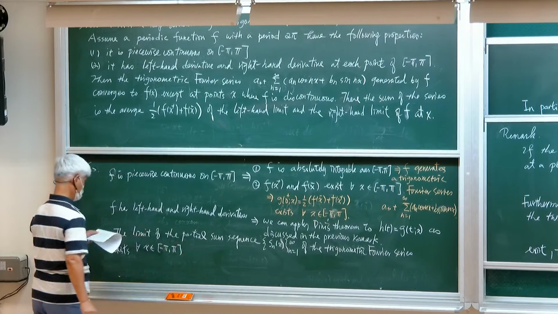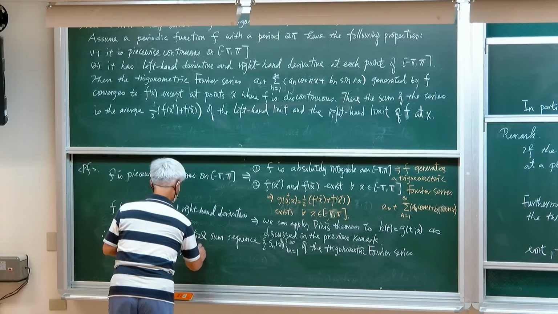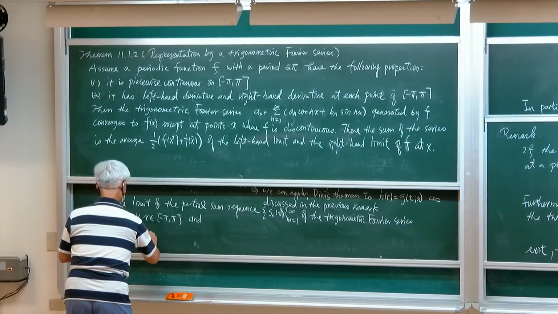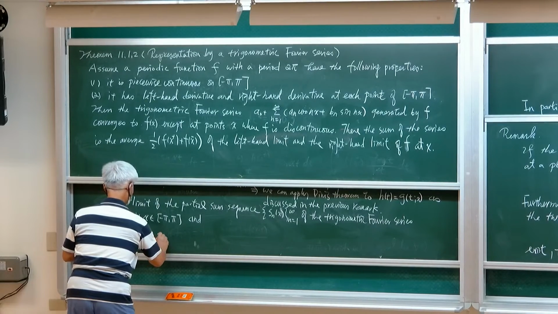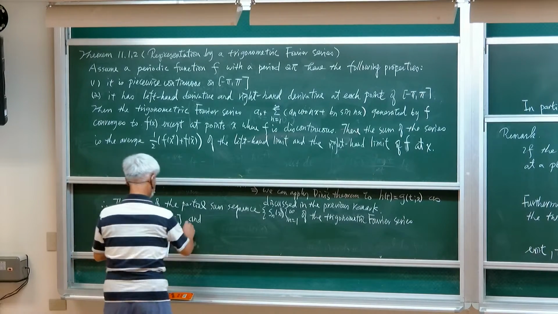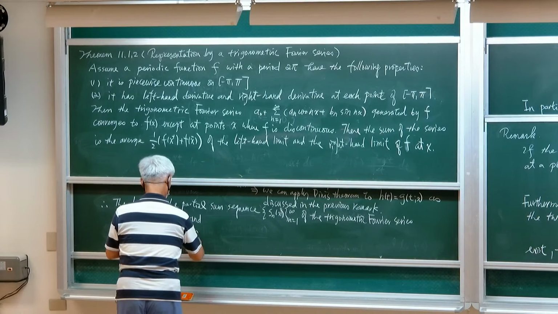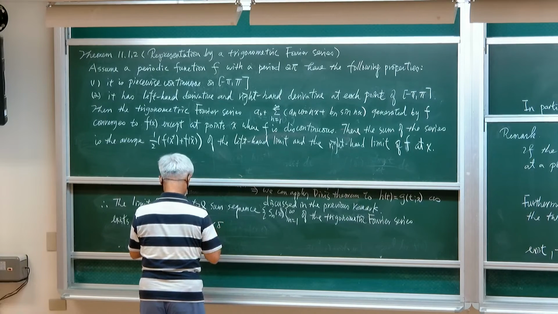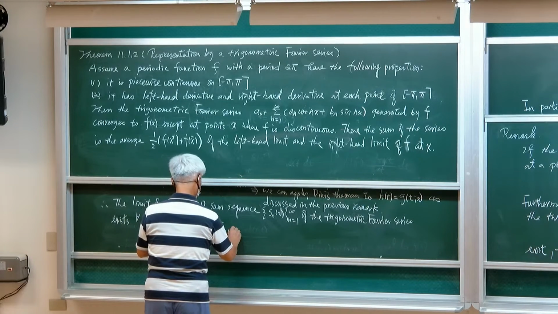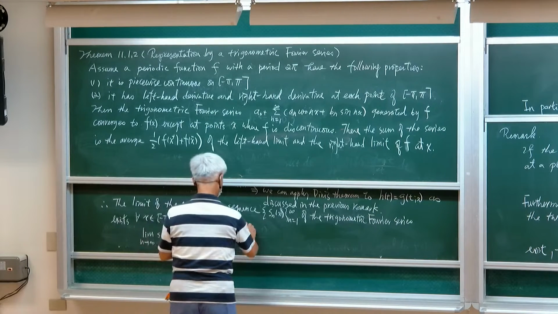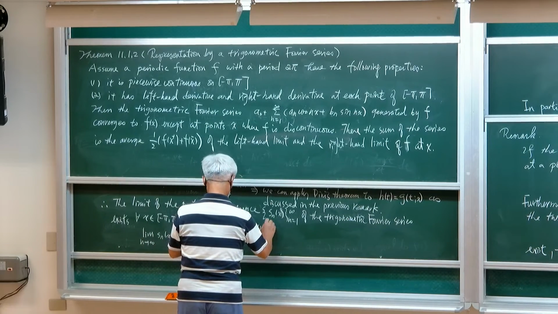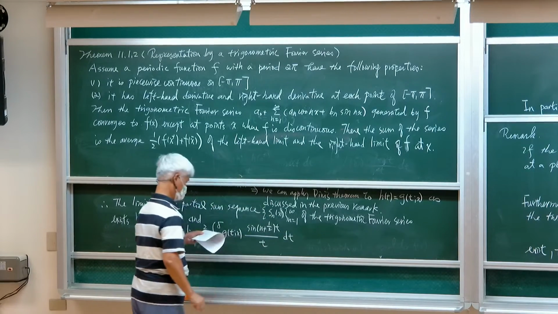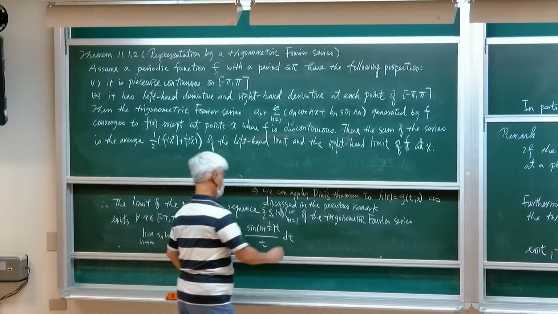And the important part here is that the limit as n goes to infinity of Sn of x is the limit we computed before, the integral involving sine of (n plus 1/2)t divided by t dt.